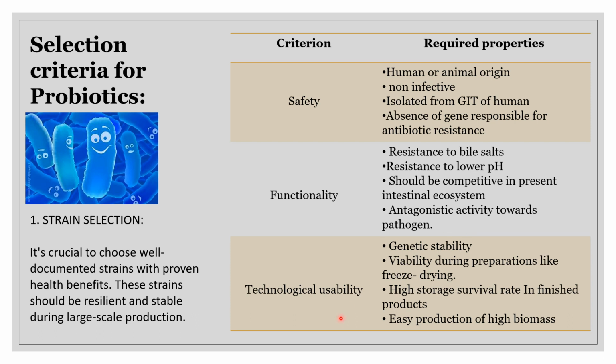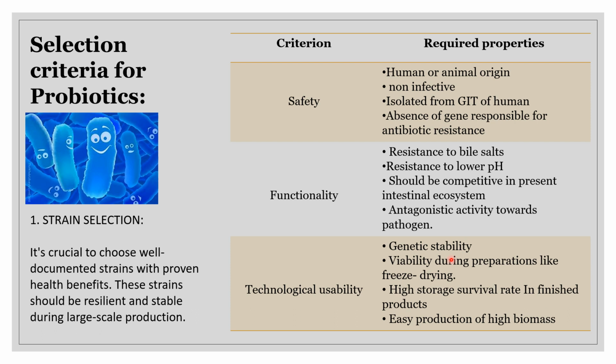Then technological usability. Genetic stability is important. It should be stable for a longer period of time. Even if there is no proper storage facility, it should not affect our culture in a bad way. It should not go through spontaneous mutation, or start producing some byproduct.